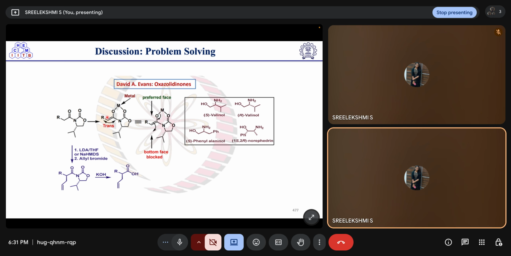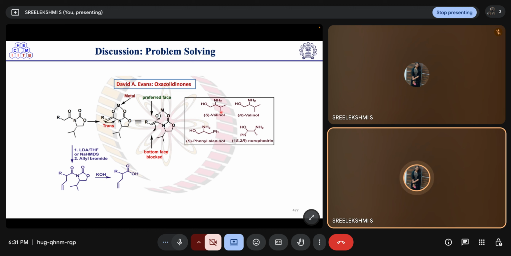So it will give rise to this transition state, where this R group and this group are trans, and as we can see, the preferred face of attack will be this, as the bottom face is blocked, so this face will be more preferred for the attack. So we will be getting one product only. So if we see here, this face is blocked, so we will be getting the above allylated product, and then hydrolysis of this auxiliary will remove that, and we will be getting this one.